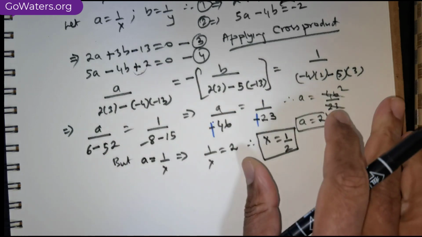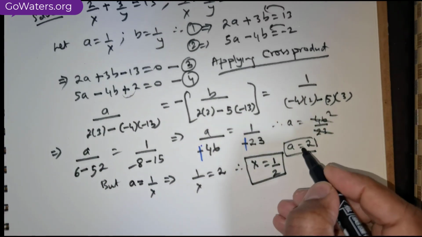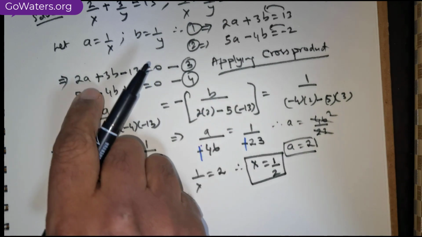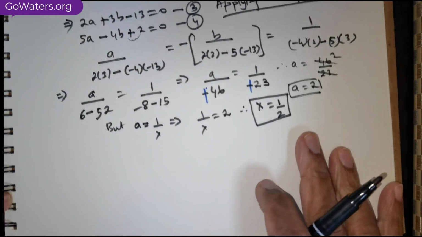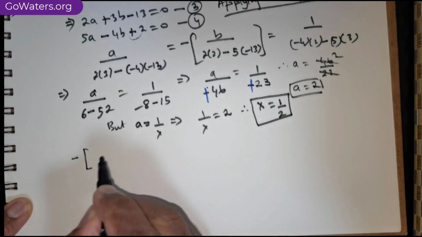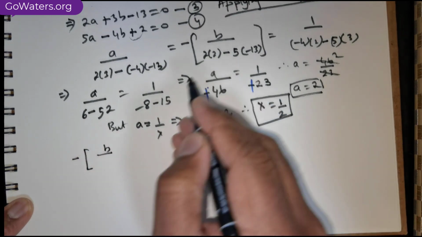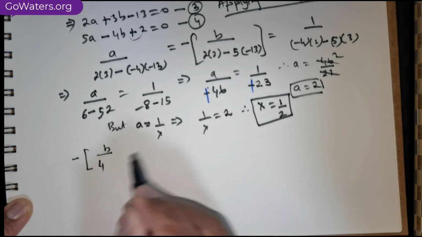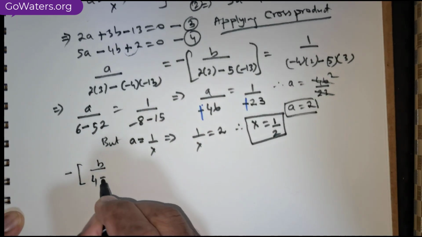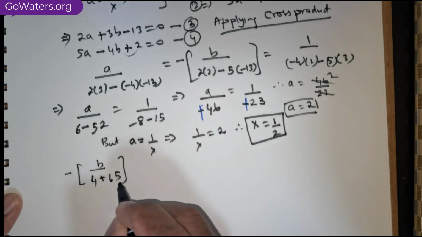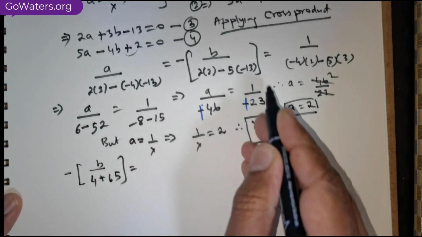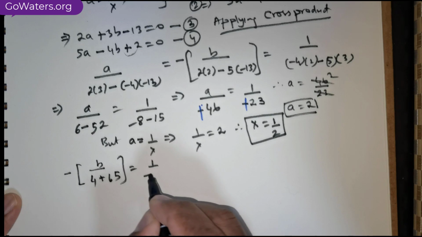Now coming to the value for b, as I mentioned to you, you can either take the value of a and substitute it here, but I would like to utilize these connections. So I'm placing negative b divided by 2 times 2 is 4, negative times negative is positive, 5 3s are 15, 1 5 are 5, 65. This is equal to, on the right-hand side, 1 over negative 23.